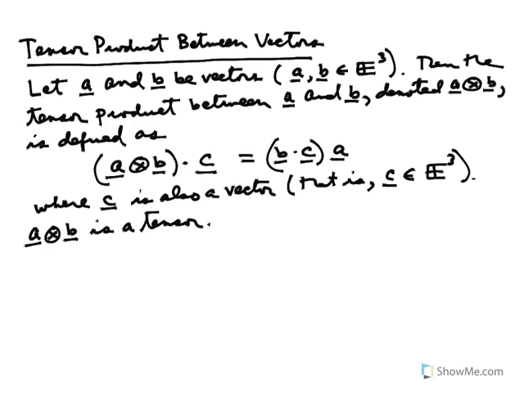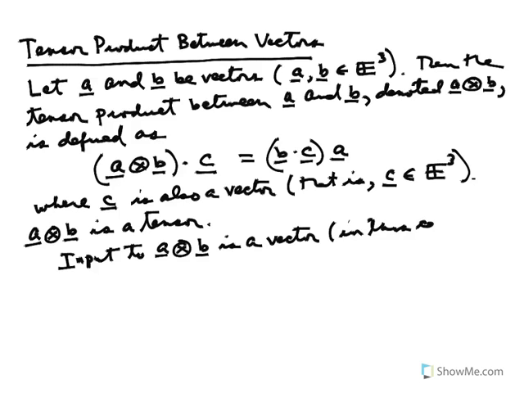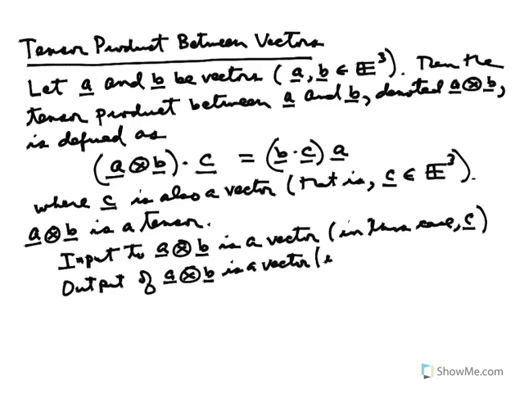The input to A circle cross B is a vector, in this case that vector is C. The output of A circle cross B is also a vector, and in this case that vector is B dotted with C times A.